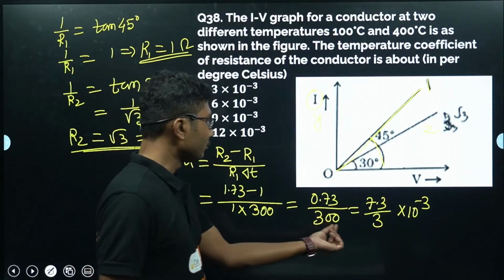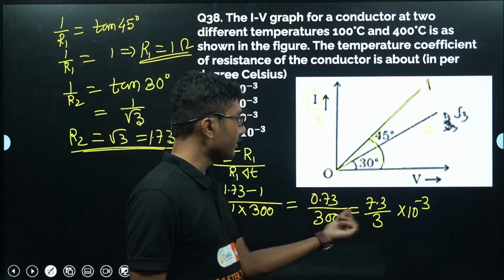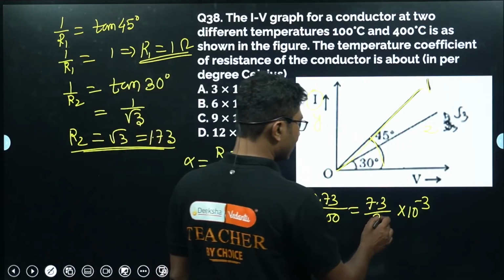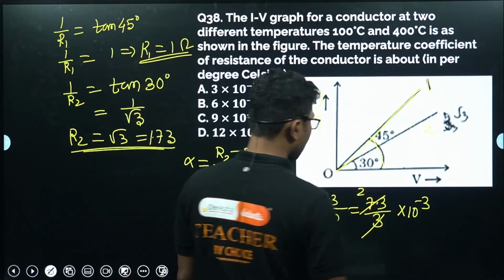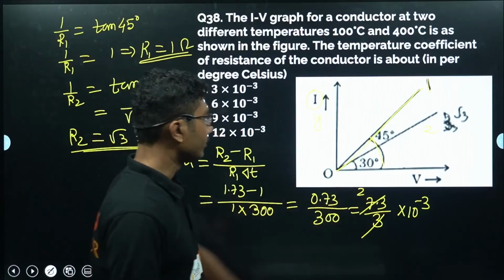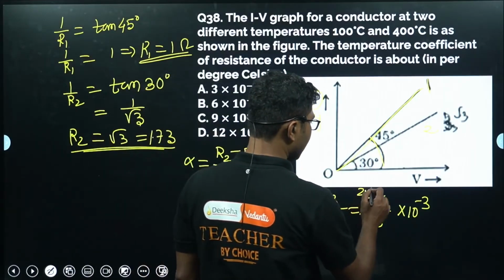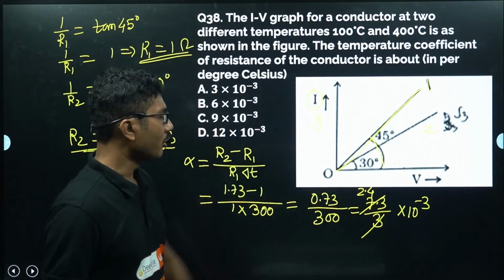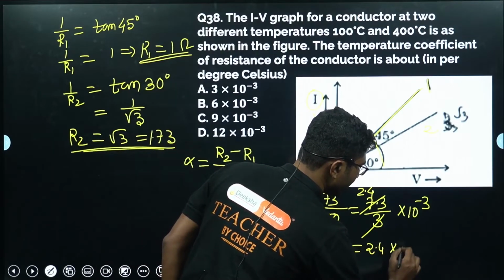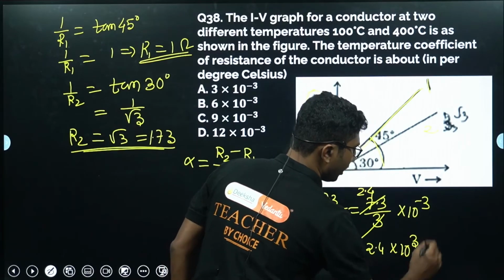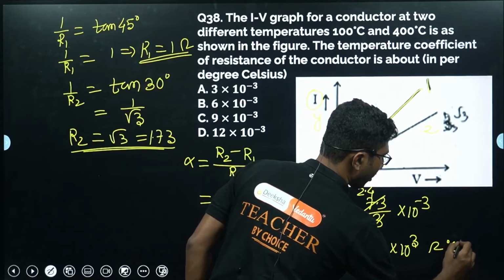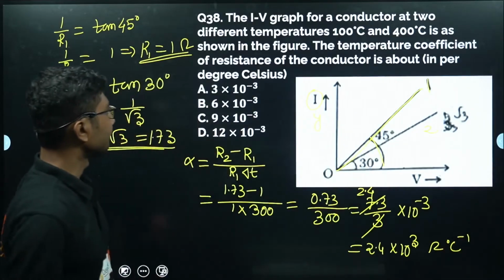I have taken these two zeros and 1 decimal from here, and I have made it 10 to the power of minus 3. Now if you calculate this, this will be 3 to the 6, then after 2, 1 is left, 3 4 the 12, and so on. So the answer will be 2.4 times 10 to the power of minus 3 per degree Celsius. This will be the answer.